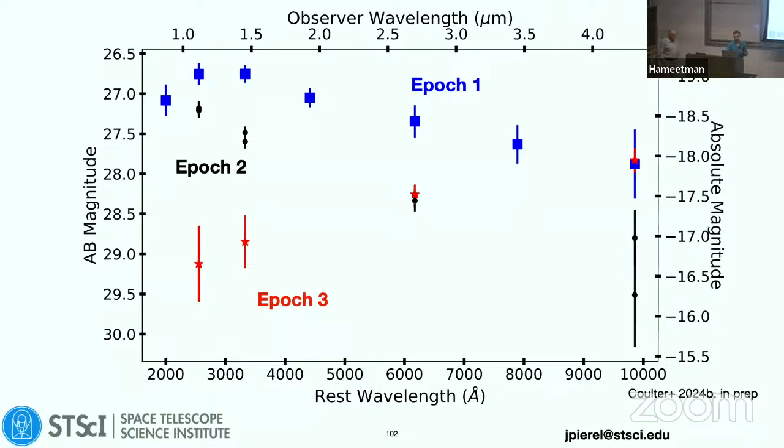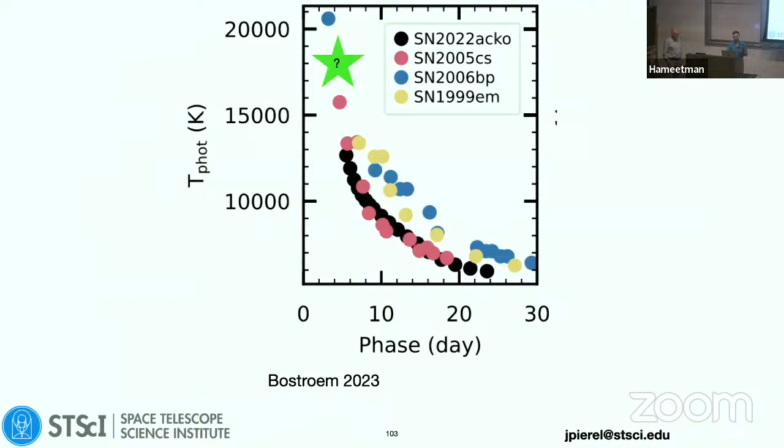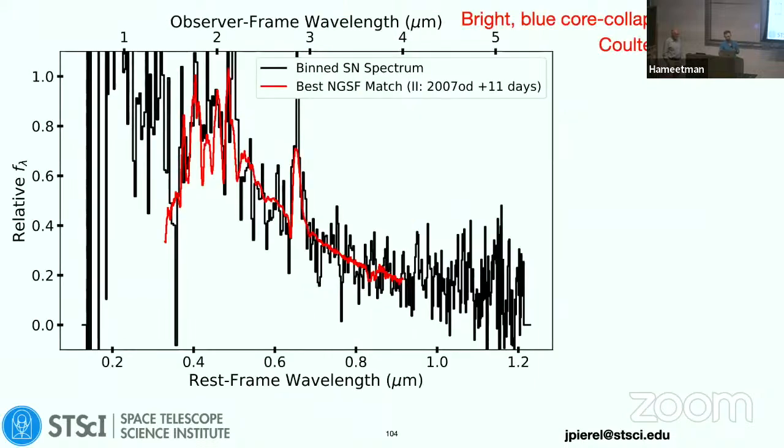And if you do a combination of temperature measurements, which says this thing is very young, and spectroscopy, which says this thing is very young, we found a redshift 3.5 Type II supernova that's within a few days of explosion in the rest frame. So that was a very cool one.